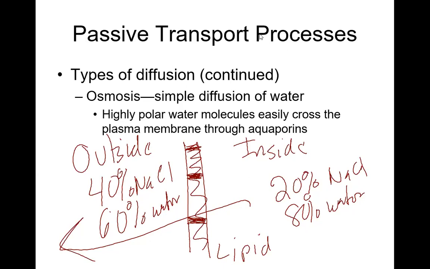I still have 100 grams of salt in here, but after a week I'm down to half a liter. Now I have 500 mils of water, and I still have 100 grams of salt because the salt hasn't gone anywhere. The concentration now isn't 10%, it's 20%, because instead of 1,000 mils I only have 500 mils, and 100 grams is 20% of 500.